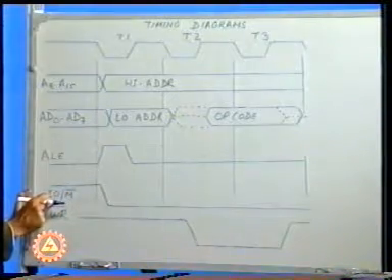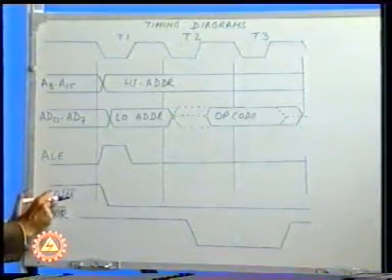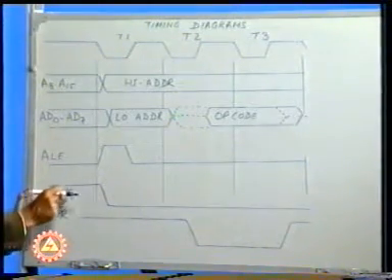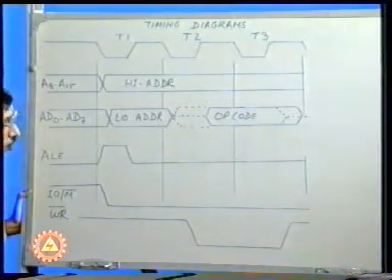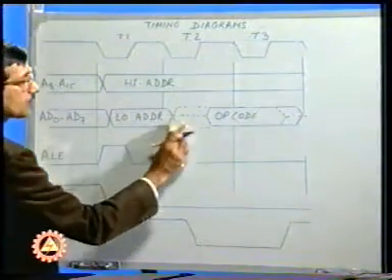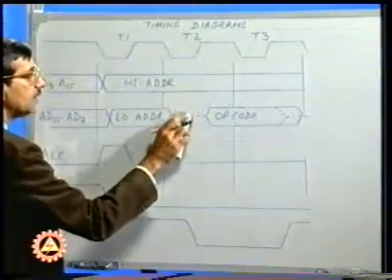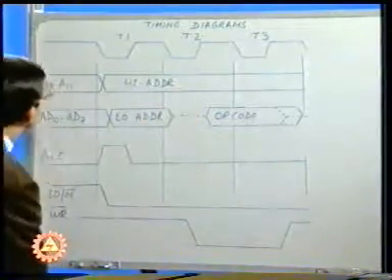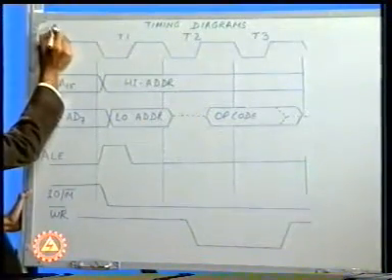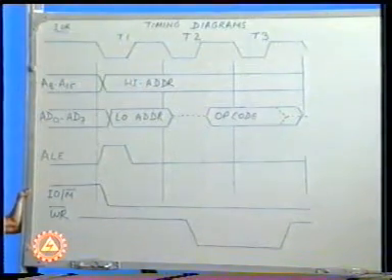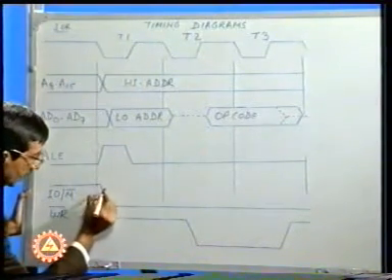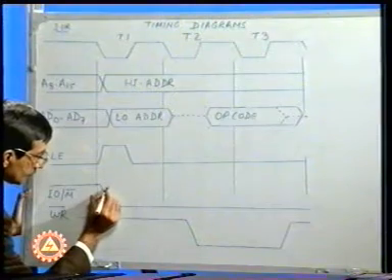In case of IO read, the IO/M bar signal would remain high. This is the basic difference. So let's try to see what actions are going to take place as far as the IO read is concerned. So let me say that I am talking about the IO read machine cycle. The action that will take place would be like this.